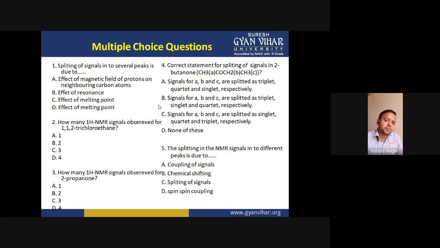But what will be the splitting pattern of these signals? I'm talking about A, B, C type protons' signals. The first option is that signals for A, B, C are split as triplet, quartet, and singlet respectively. Is this correct?